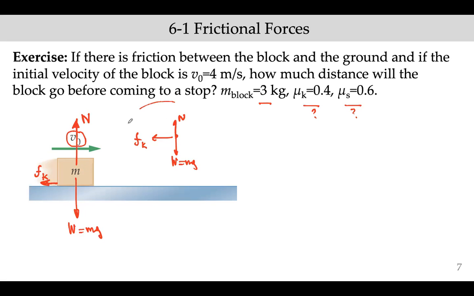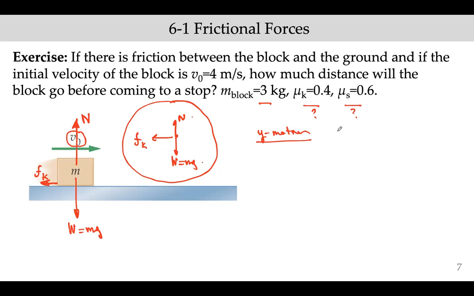I recommend doing it separately because it becomes more clear. Then after that point, we will apply F net equals ma for the x-axis and for the y-axis. So for motion on y, what happens in the vertical direction? The vertical forces on this object are the normal force and mg.